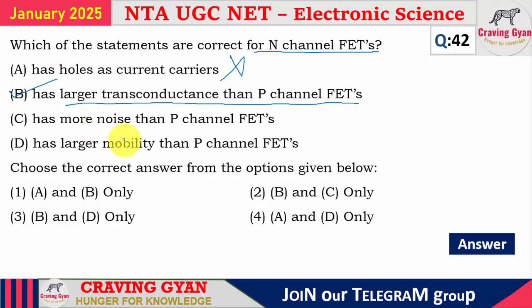No, the mobility of holes is less, so the noise generation is more in the case of P-channel. N-channel has a higher mobility than a P-channel. Yes, electrons have larger mobility when compared to holes. So based on this, B and D are correct, which is option 3. Option 3 is going to follow.